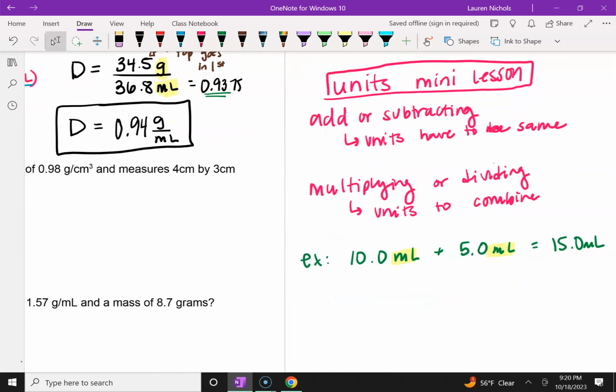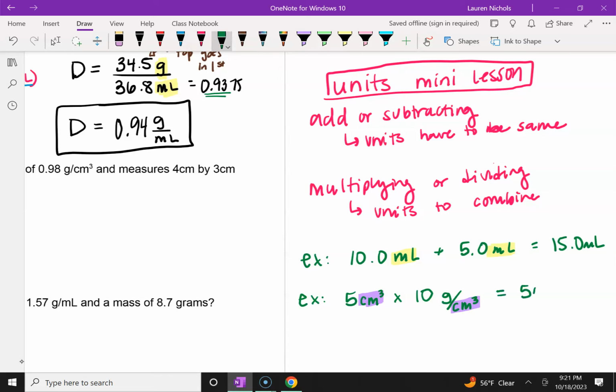However, same thing if I were to subtract. But if we were to multiply something, so for example, let's say we have 5 centimeters cubed times 10 grams per centimeter cubed. Well, because we have centimeters cubed in the numerator and centimeters cubed in the denominator, they are going to end up canceling each other out.